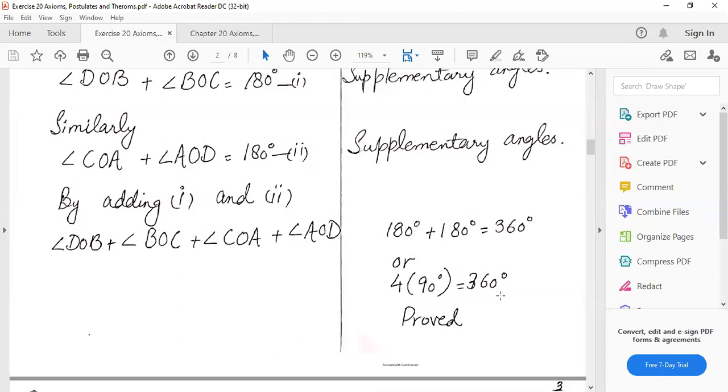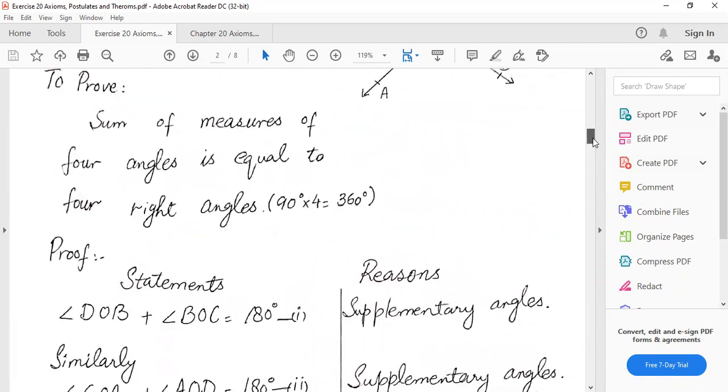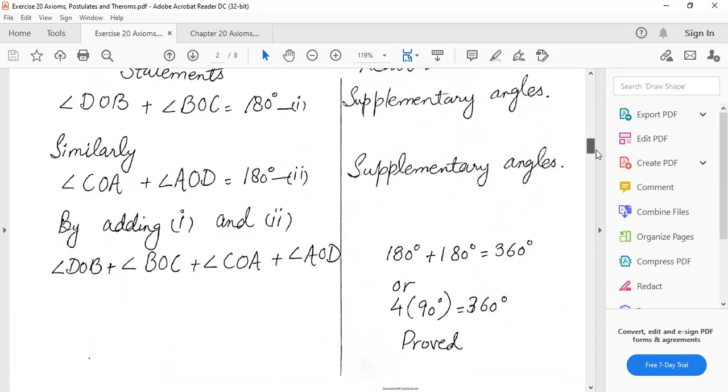If the statement is given to us, we can multiply 90 by 4 and get the answer 360. But here we are using theorems and the statement is given. So we need to follow the parts of the theorem. Number 1 is given, then to prove, number 3 diagram, number 4 proof with statement and reason.